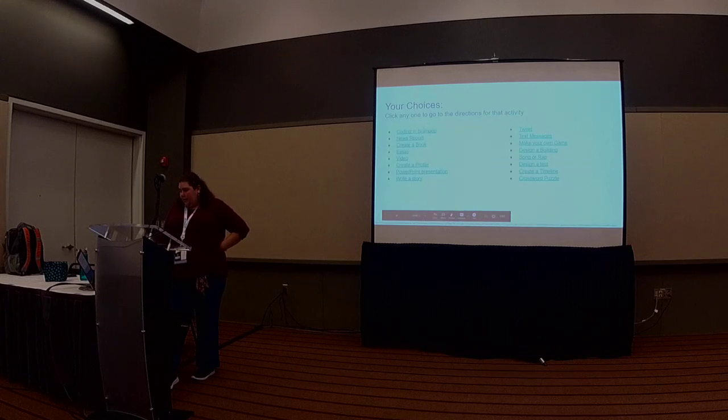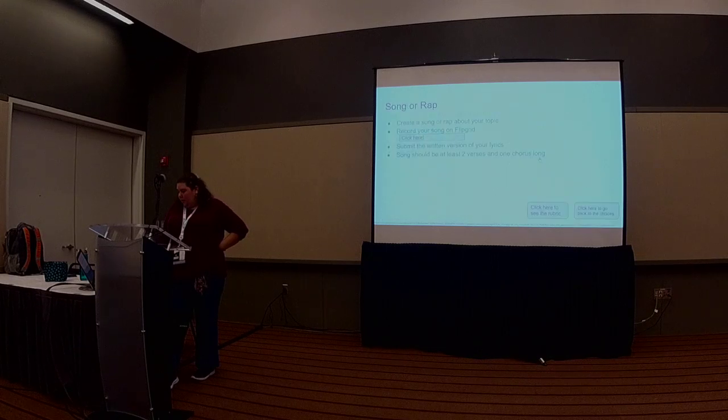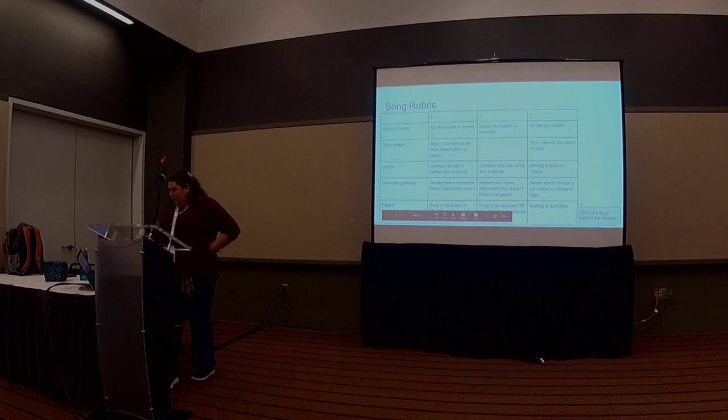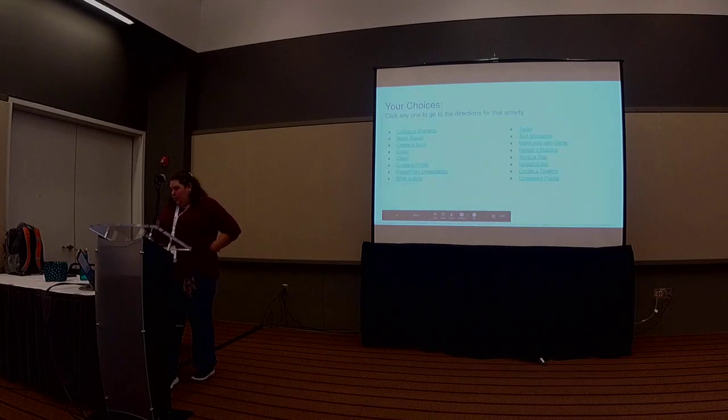And again, they can choose something different. Maybe they want to write a song. This will take them to the Flipgrid, which is where they're going to record their song once they finish writing it. Here's the rubric, and back to the choices.